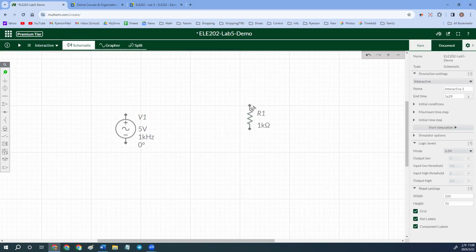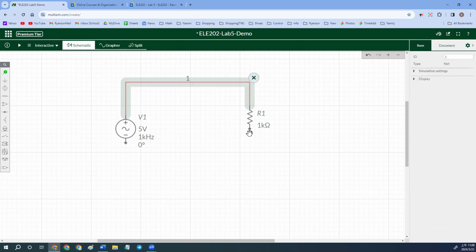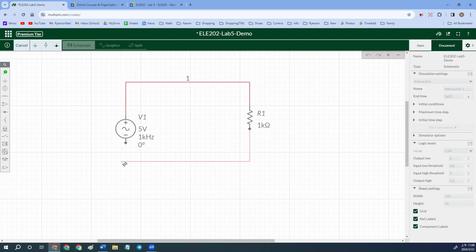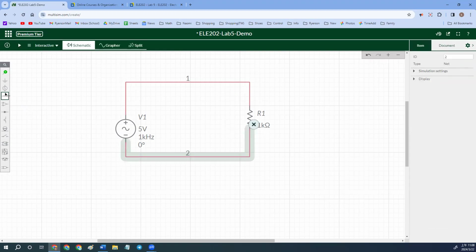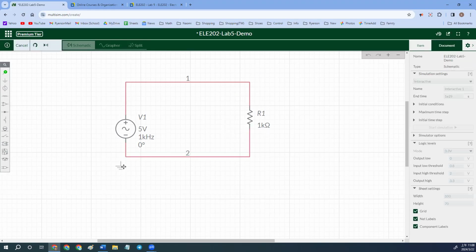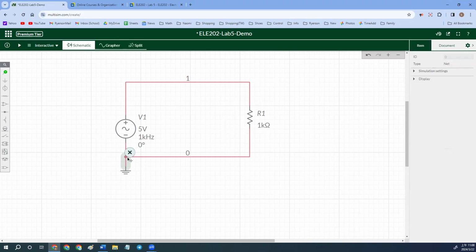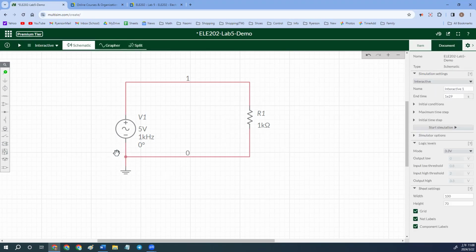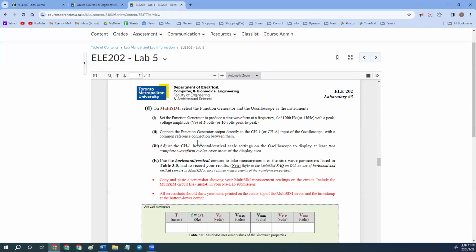I'm just going to put 1K. Any value you choose is not going to make a difference, because we simply measure the function generator's output. So it's very straightforward, just connect like what I did. You can do 1K, 100 ohms, 50 ohms, 2K. It's not going to make any difference. And don't forget your ground. Your circuit should look like this for part D.